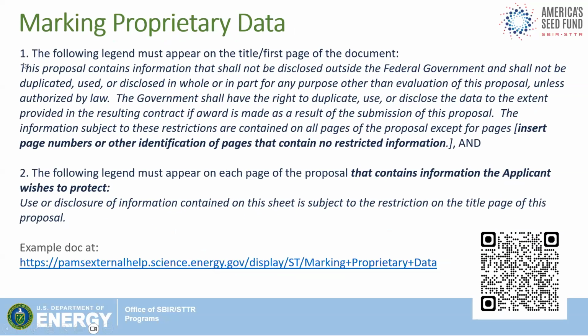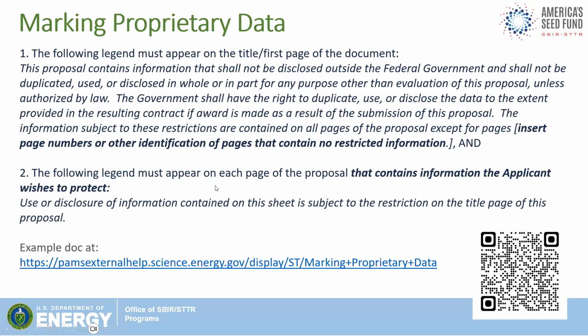You have to put the legend that's in italics on the first page of the document, and you have to indicate page numbers or any other identification of pages that contain no restricted information. So that's the reverse of the way it used to be. You indicate the pages that contain no restricted information.